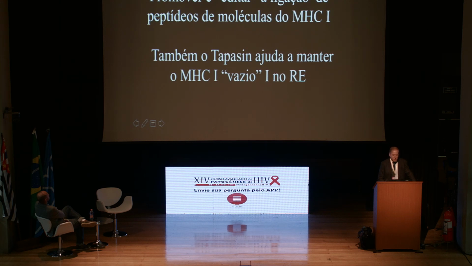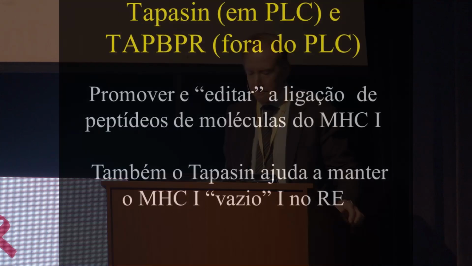And what both of these do, these are proteins that help load the class 1 molecule with peptides and edit the ones that they're going to be making. And this molecule tapasin also helps hold the class 1 molecule in the endoplasmic reticulum until it's loaded with a peptide, right? That's useful. You want these loaded with the optimal peptides before you send them out.